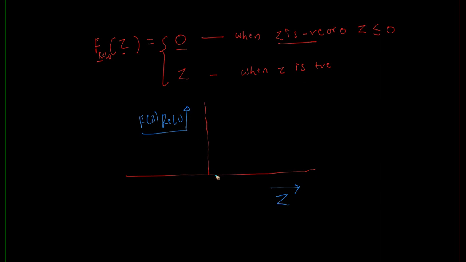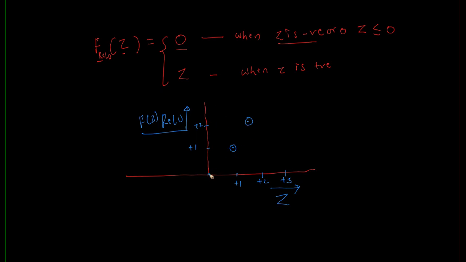When z is positive, let's say z is +1, +2, +3, f ReLU is also +1, +2. So when z is 1, f ReLU will also be 1, so we get this point. When z is 2, f ReLU is also 2. That means whatever value of z, same value of f ReLU.